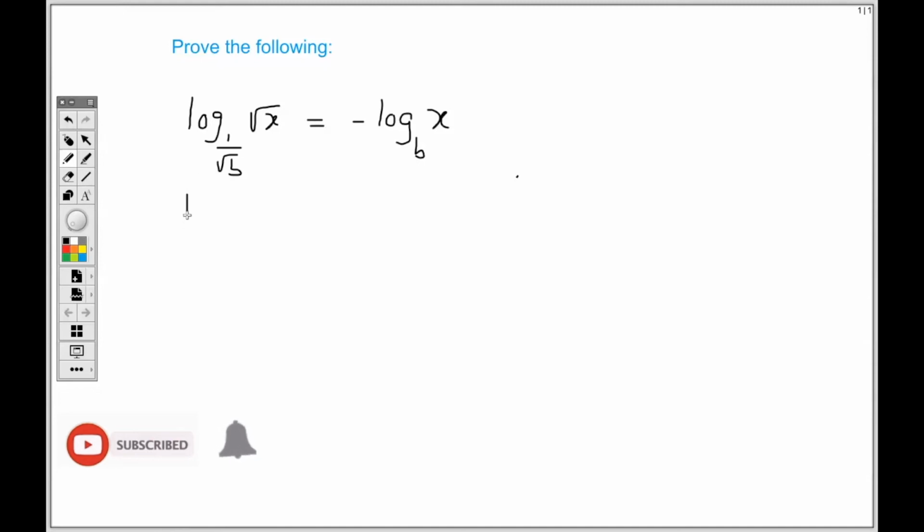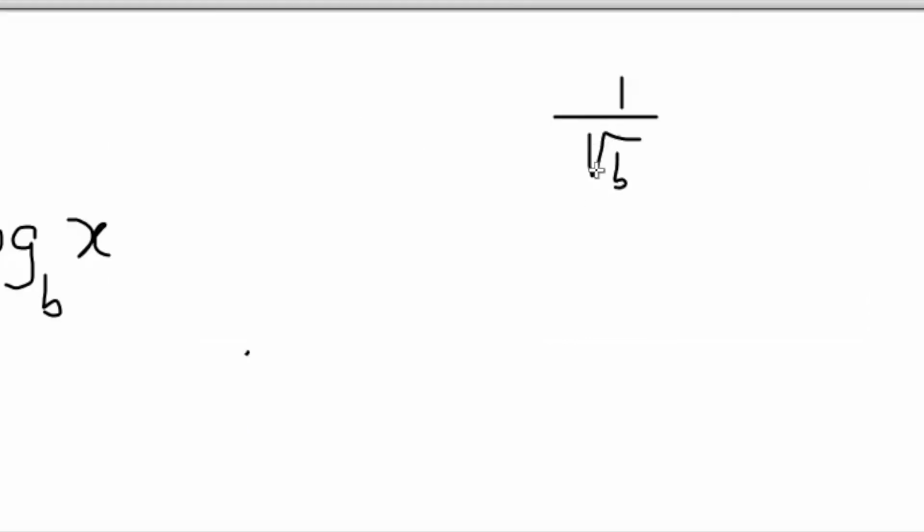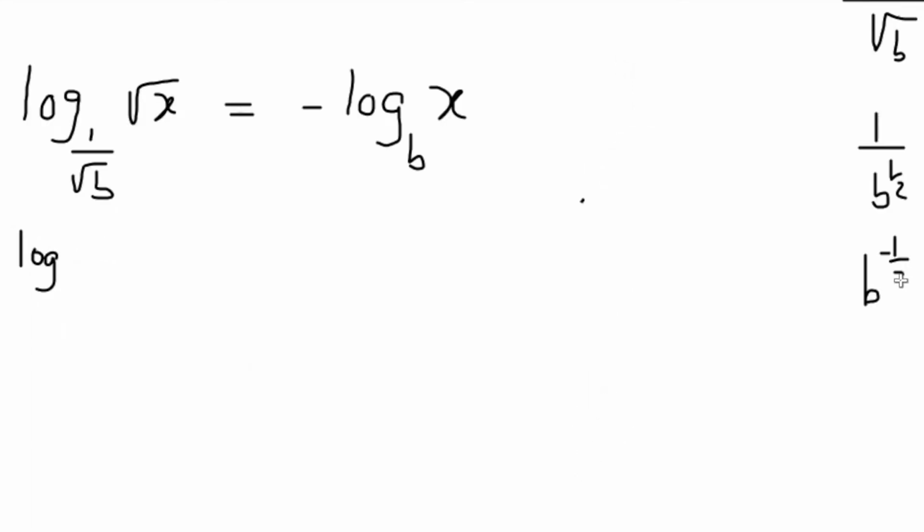So I can rewrite this 1 over root b. Let's do it at the side. 1 over root b, first I'm going to change the square root to a half. So square root is the same thing as a half. And then from indices, we can rewrite this as a negative power. So this is b to the negative a half.